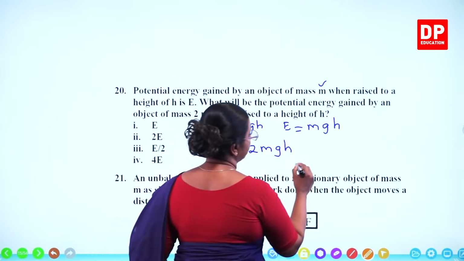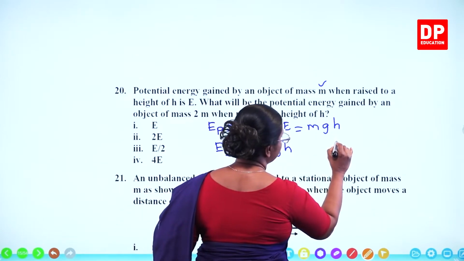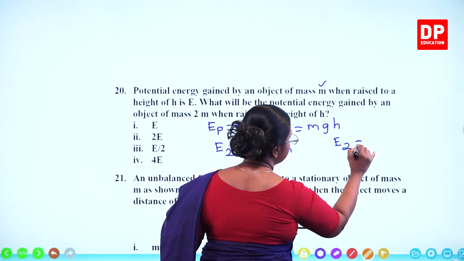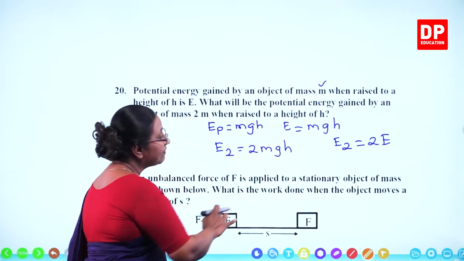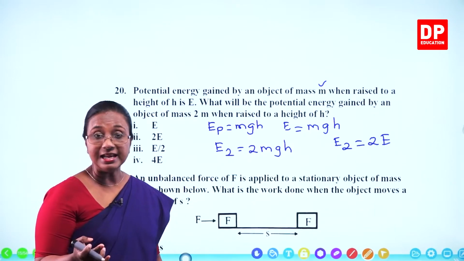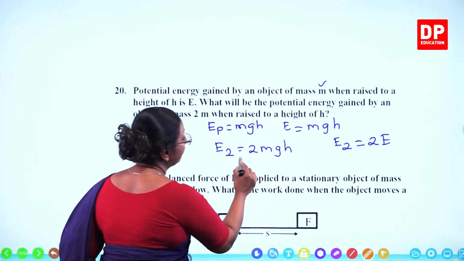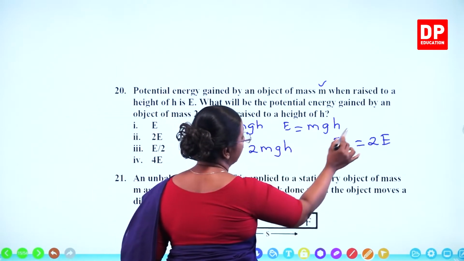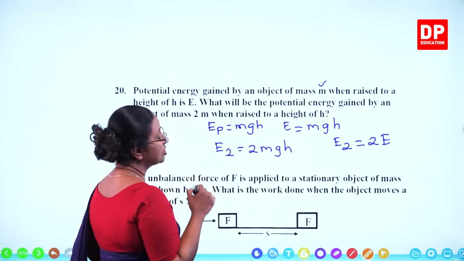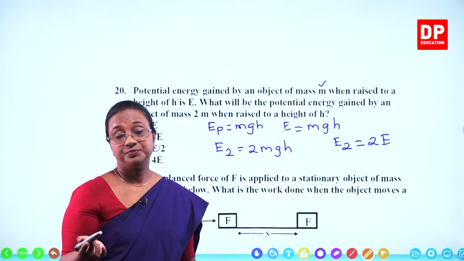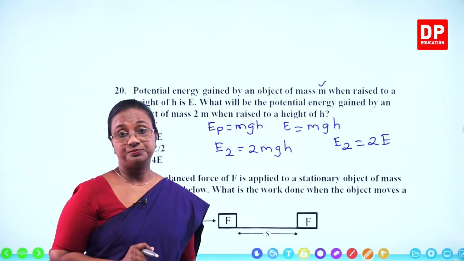So from this, we can get the equation E2 is equal to 2E. By looking at the values itself, you can get that. Otherwise, if you divide 2mgh by mgh, this is E, you will get it as 2E. Is that clear to you all?